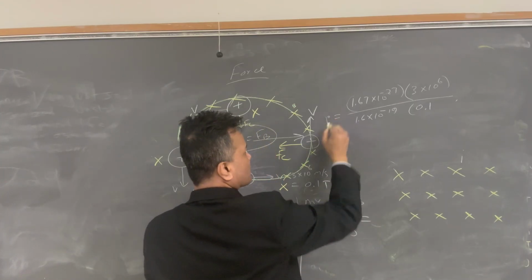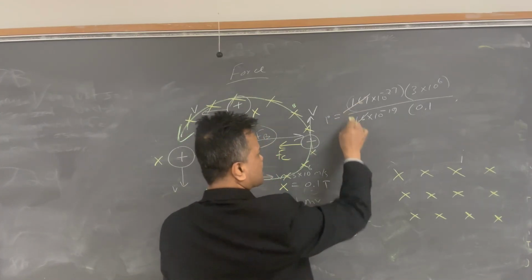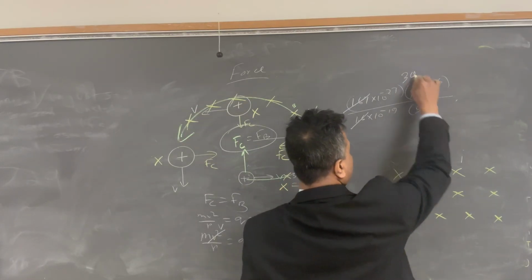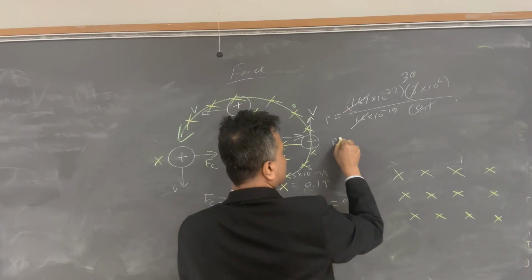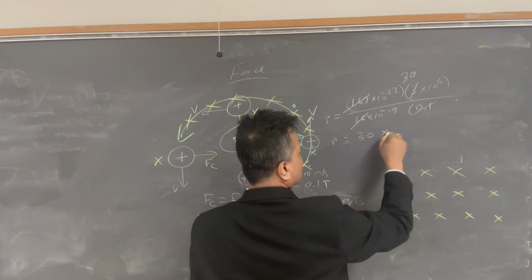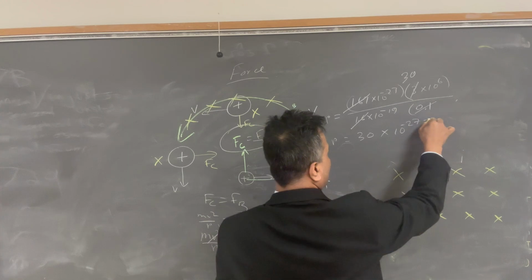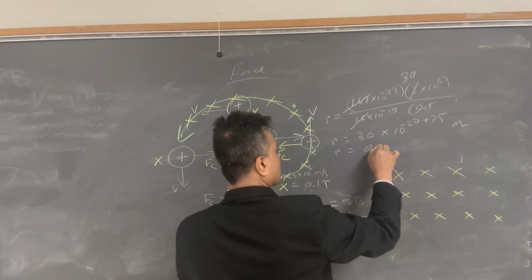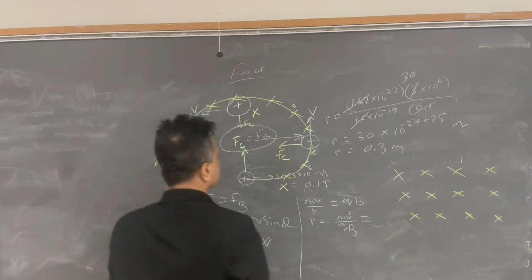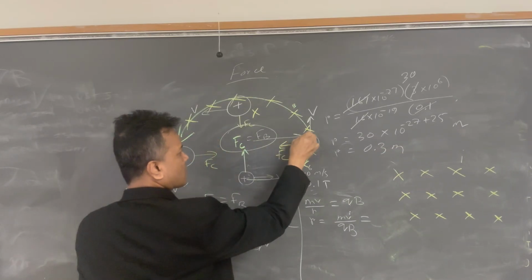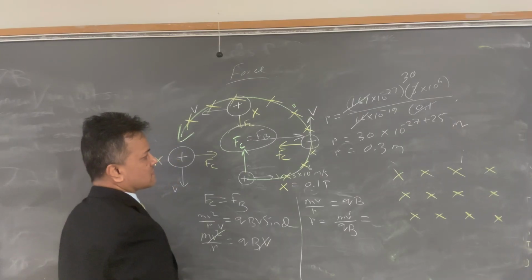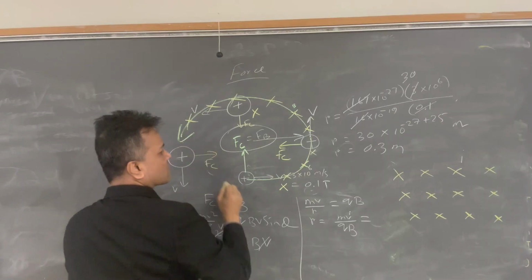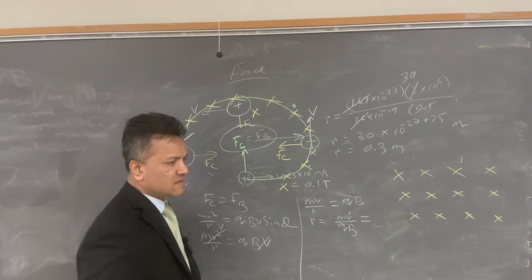R. Don't forget, 1.6 and 1.67 are almost the same. 0.1 goes into 3 thirty times. So you have r equal to 30 times 10 raised to the power of negative 27 plus 25, meters. So r is equal to 0.3 meters. So this loop is 0.3 meters. On this loop, the magnetic field is uniform, which is 0.1 Tesla.